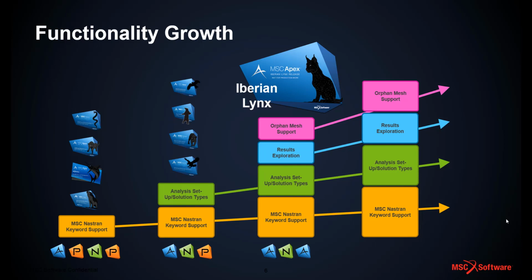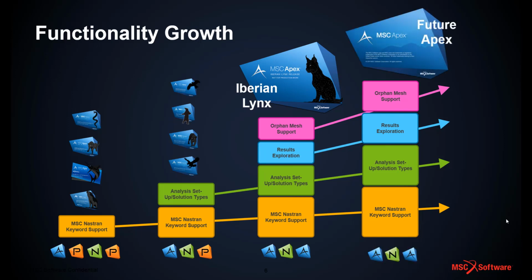It's basically the ability to import Nastran data, so typically a bulk data file where you'd have no geometry whatsoever, so you could take a legacy Nastran model, read that into the Apex environment, and then look at multiple tools to manipulate that mesh that's come in. So whether you wanted to refine the mesh in some regions, or even fully change the structure with the inclusion of some imported CAD or even geometry created in Apex, we've got orphan mesh support.